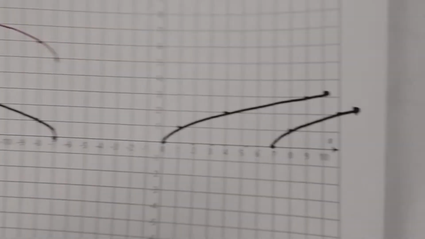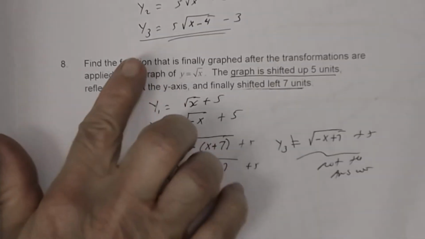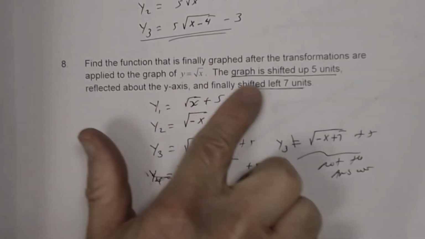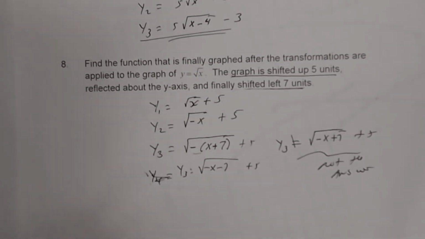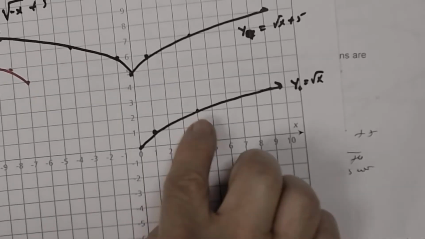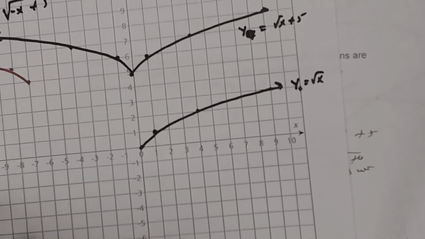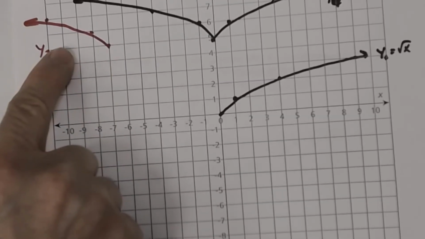Okay? So this order though, now be careful. I want you to think. This order here is this series right here. So I had to do to the square root function this transformation, then I reflected, and then I shifted horizontally.